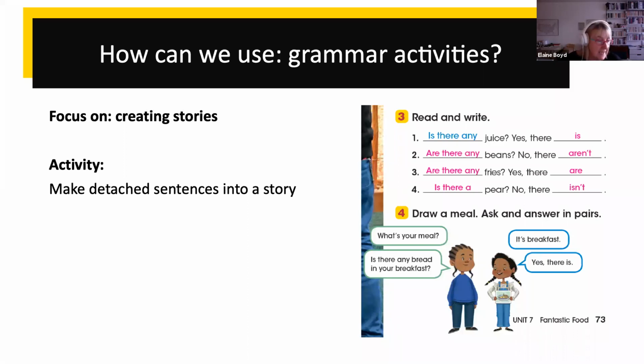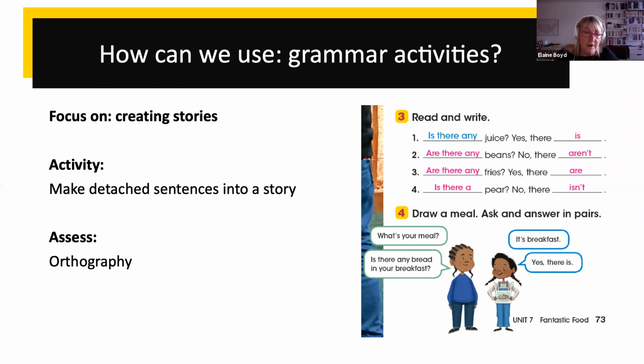Is there any chocolate? Yes, there is. Is there any milk? Yes, there is. Is there any, I don't know, eggs? Yes, there are. Let's make a cake, for example, so that you get a little story, a mini sort of 4-sentence story. And again, you're not going to worry about have they put is there or are there in the right place. What you're focused on now is them connecting the story.